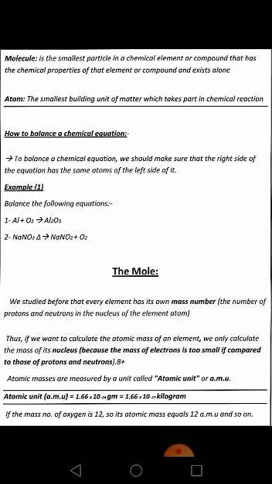Now we will discuss the concept of mole. What is the meaning of mole and what is the importance of mole? Firstly, we will remember what is the meaning of atom and what is the meaning of molecule.